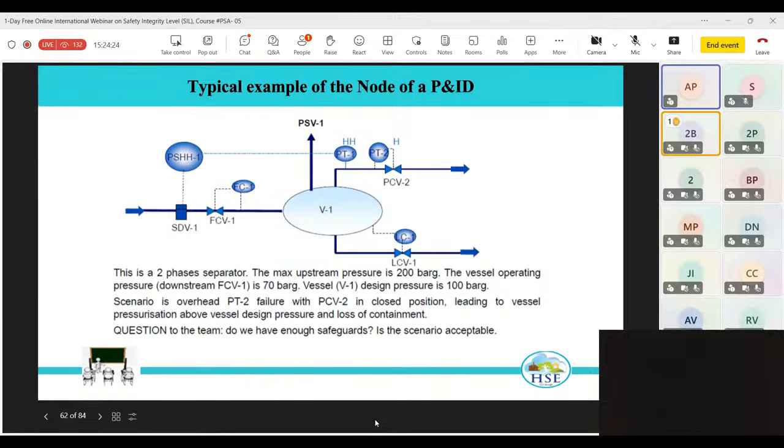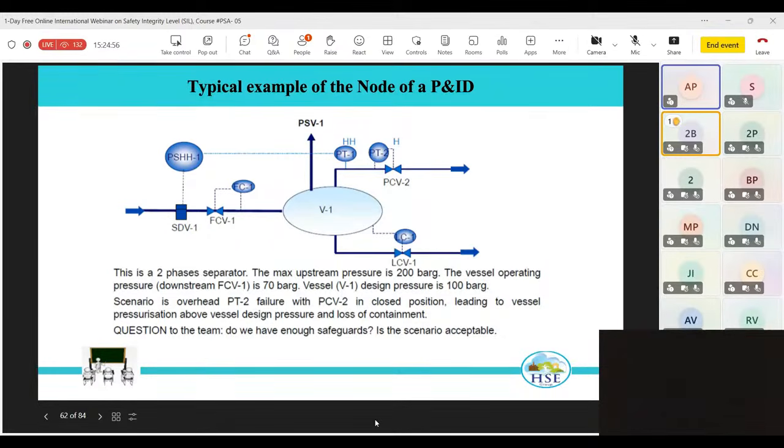now we discuss the safeguards. Okay. If we take safeguard number one, it appears there are two safeguards. The first safeguard is PSV1, and the second safeguard is PSHH1. Okay. So if PSV1 is set anywhere near, say, less than the design pressure of the vessel, then the vessel can be saved, because it will release the pressure and save the vessel.